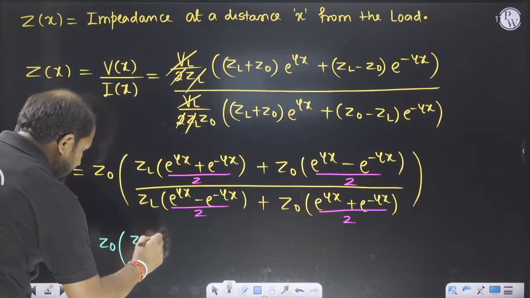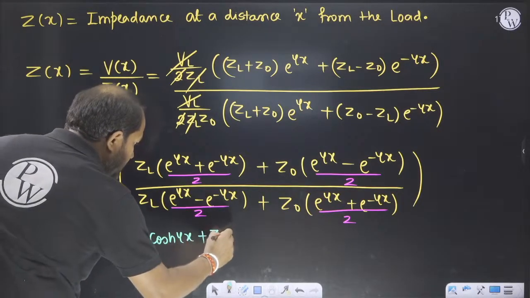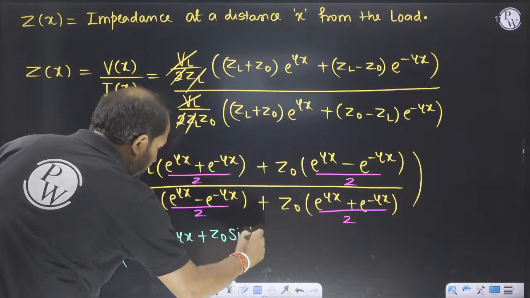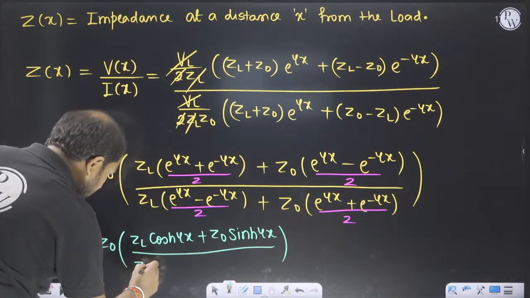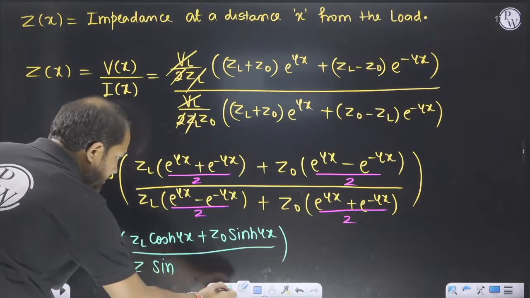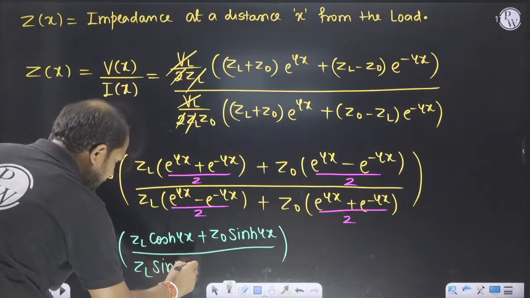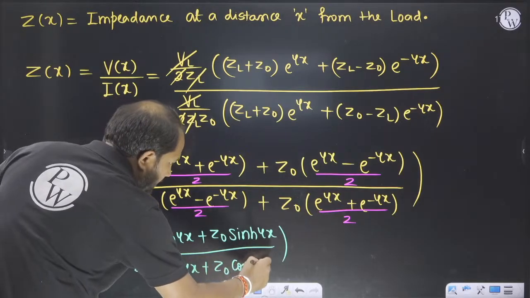So we will write cos hyperbolic gamma x, sin hyperbolic gamma x, and we can write ZL sin hyperbolic gamma x and Z0 cos hyperbolic gamma x.